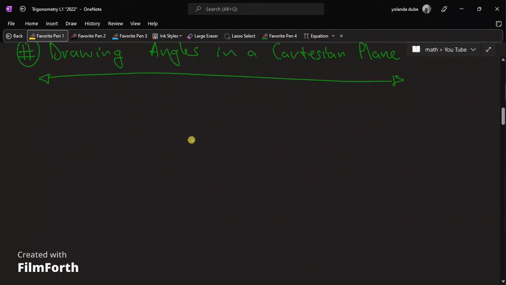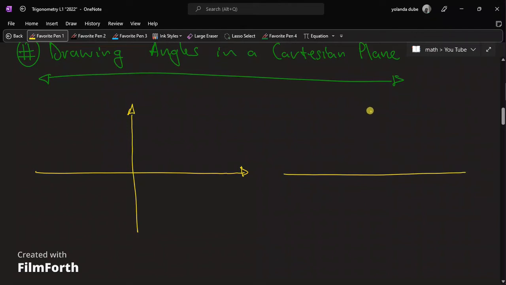So the Cartesian system that we use for representing angles goes as follows. We have two versions of the Cartesian system that I use for drawing angles: one for positive angles and one for negative angles. I'm going to draw both of them here so that you can see the distinction between the two.